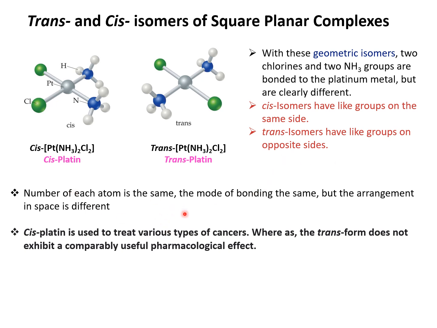The number of each atom is the same and the mode of bonding is also the same, but the arrangement in space is different. That's what I told you now. If the like groups are on the same side, then it is cis, opposite side trans. Cisplatin is used to treat various types of cancers, whereas transplatin does not exhibit a comparably useful pharmacological effect.